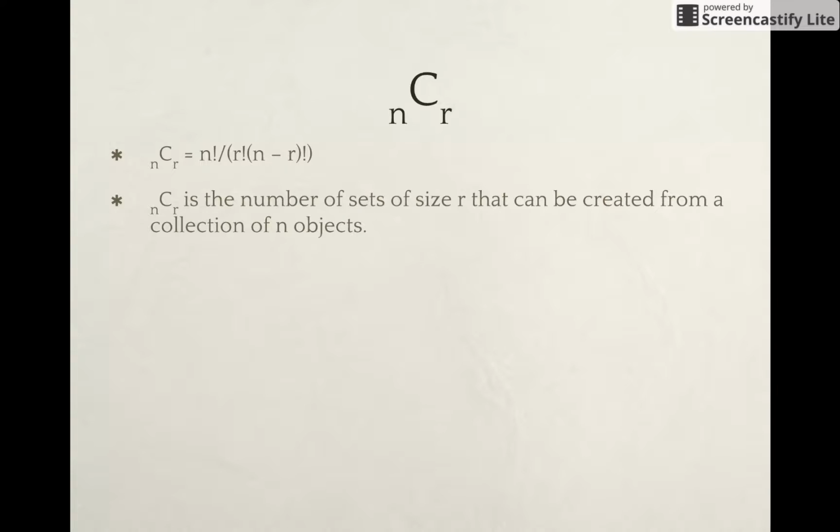In the divisor, we are dividing by an additional factor of r factorial. And what that's doing is dividing out all of the times when we think order is important and we count those different orderings as different outcomes. That r factorial is dividing those out so that we only count those one time.